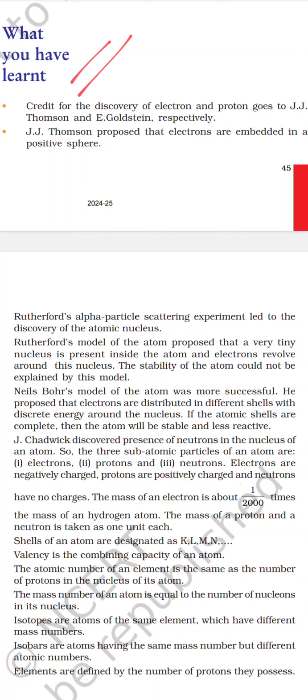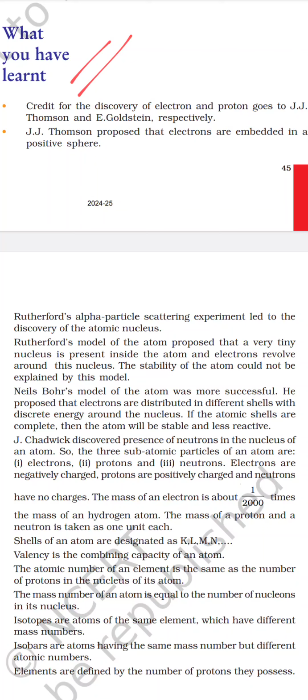The mass of an electron is about 1/2000 times the mass of a hydrogen atom. The mass of a proton and a neutron is taken as 1 unit each.